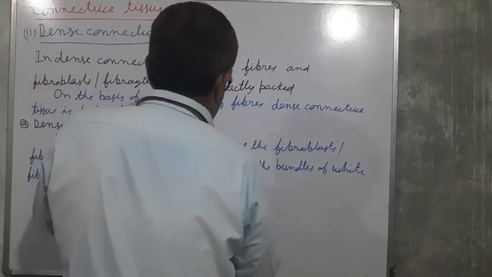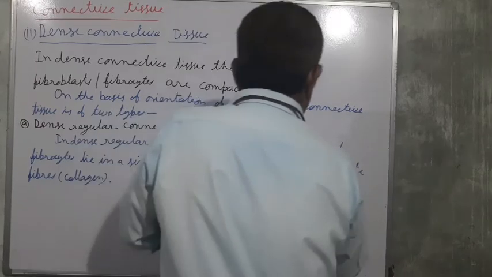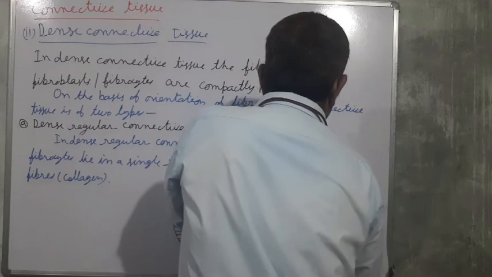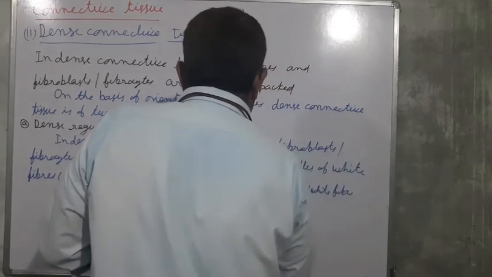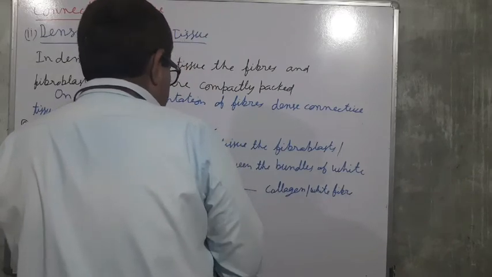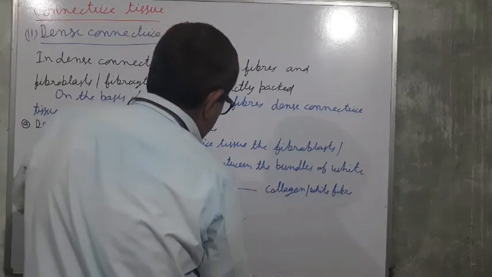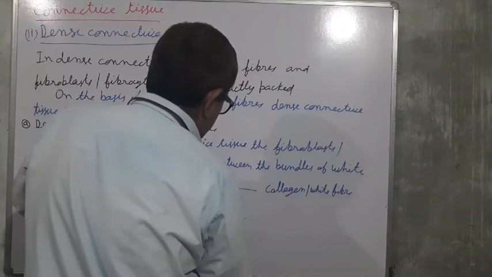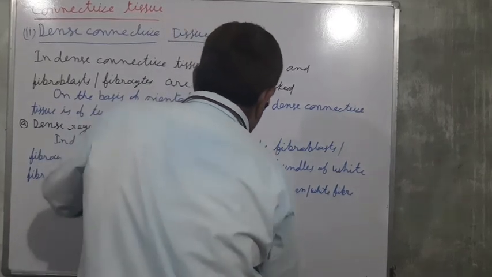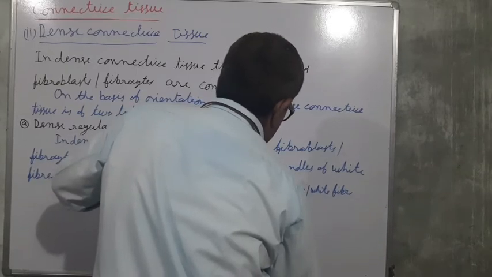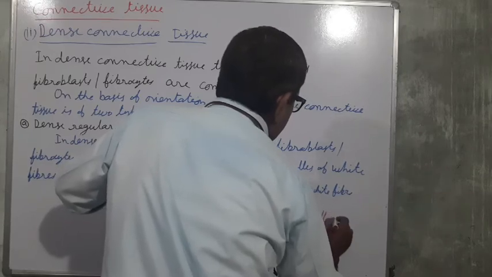So these are the fibers, collagen or white fiber, and these are the cells, and the name of these cells is fibroblast cells.